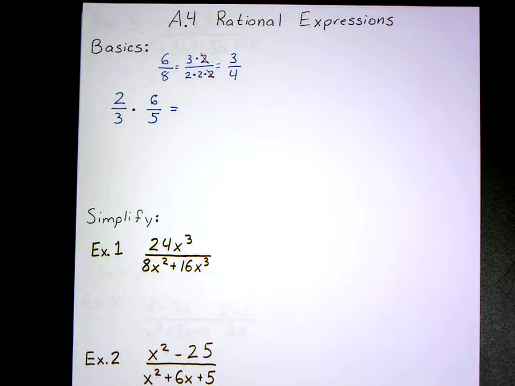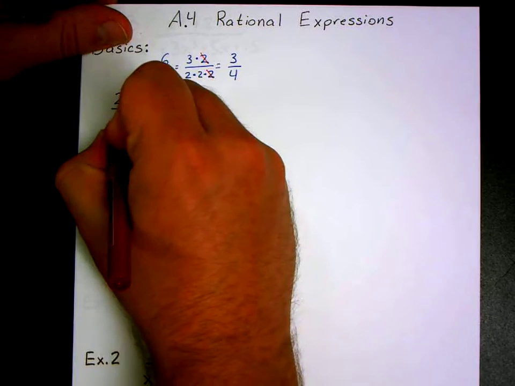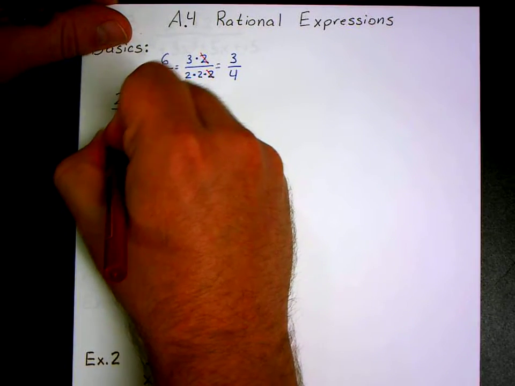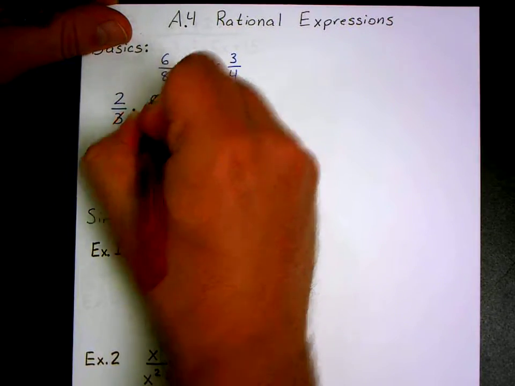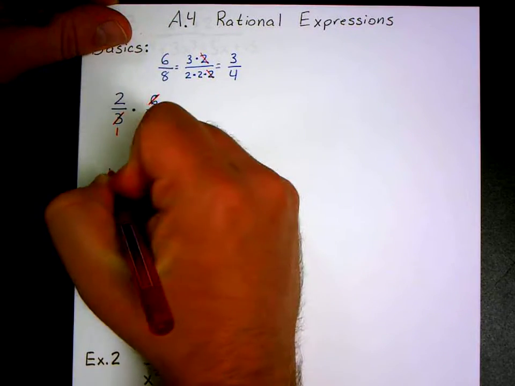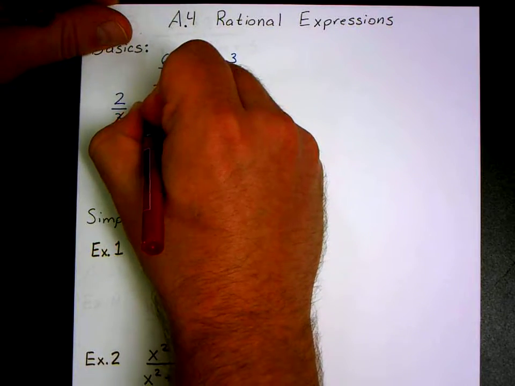Now, before we multiply those together, we can actually reduce before we multiply, right? Yeah, the 3 and the 6 will reduce. So the 3 would become a 1, and the 6 would become a 2.